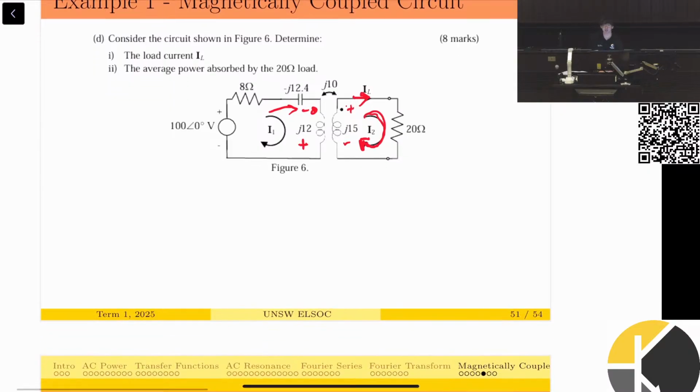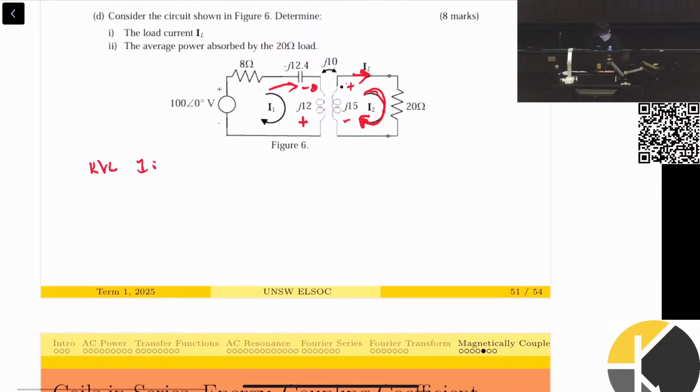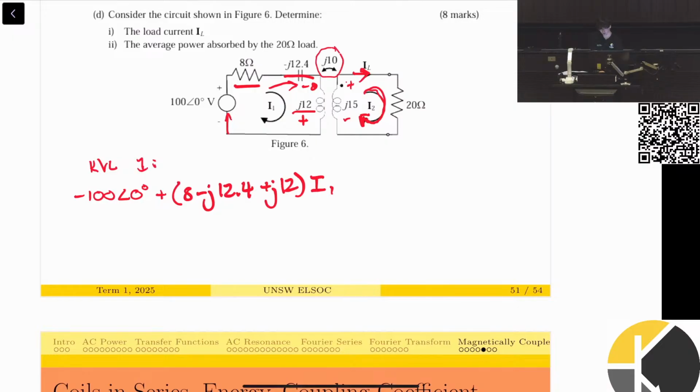Once I've done that, I can write my KVL equations. So my first KVL equation will be for I1. If I follow I1, it flows into the negative terminal of this voltage source. Then I have all of these impedances: 8 ohms, minus j12.4 ohms and j12 ohms. So I will combine all of those, and this is all multiplied by I1. And the last thing to consider is the mutual inductance. In this case, our mutual inductance has a value of j10.